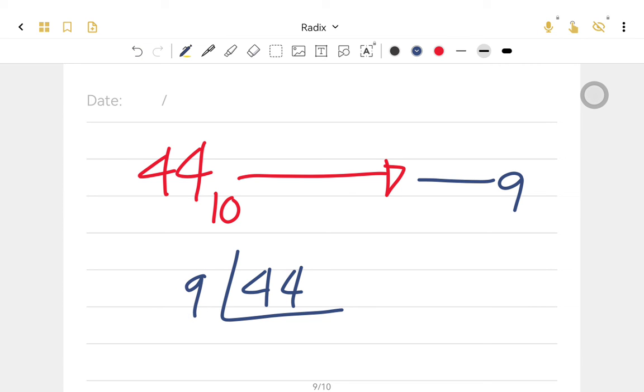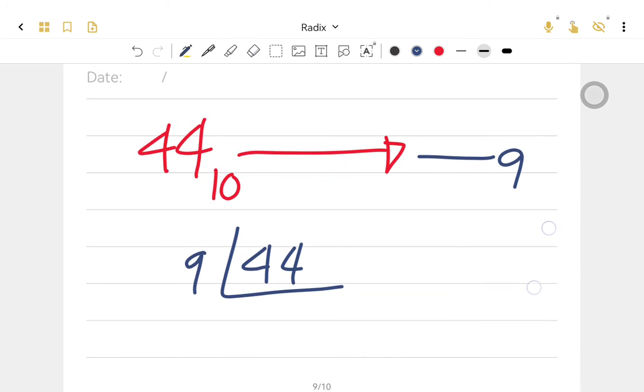So what is 44 divided by 9? That will give you 4. And our remainder is 8. Therefore, we have here 4, 8 with the base of 9.